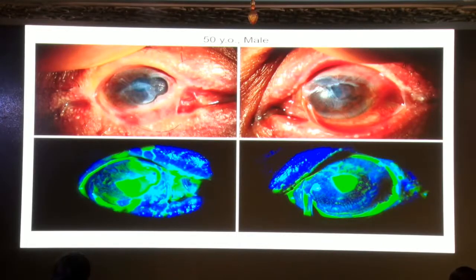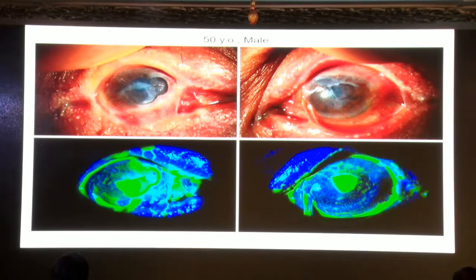This is the ocular surface of a 50-year-old male. What is this? Virendra, what do you think? Can I ask you questions? Is there any history of fever or anything? Looking at this, if you don't tell me anything, I think it's OCP.